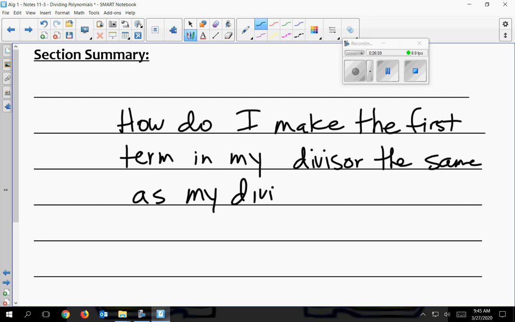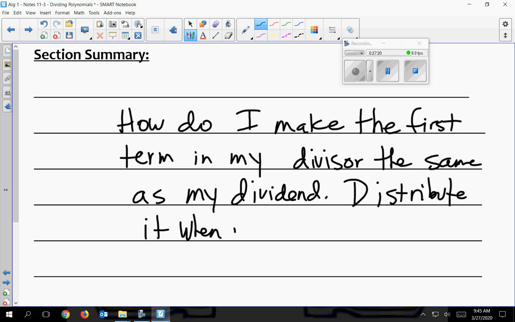So the dividend's what's inside, the divisor's what's on the outside, okay? I might have messed up that word earlier, okay? And I have to make sure I distribute it when it is a polynomial.